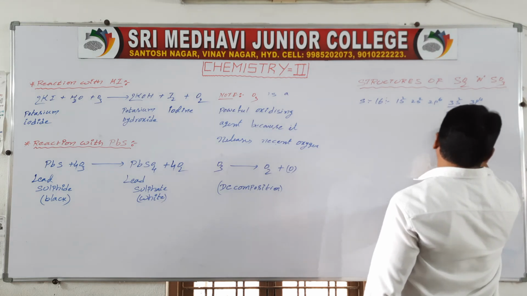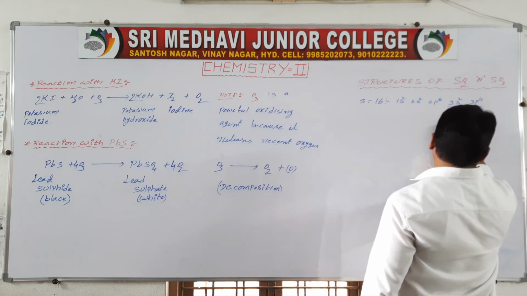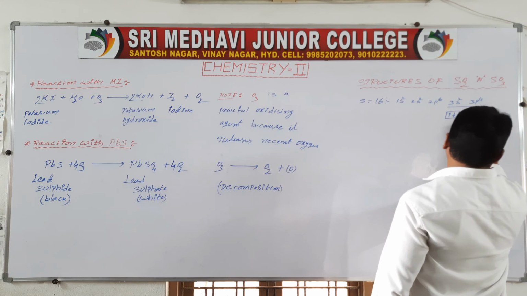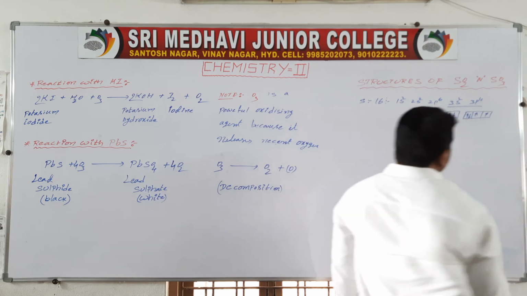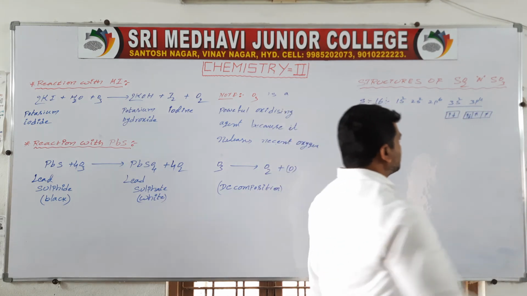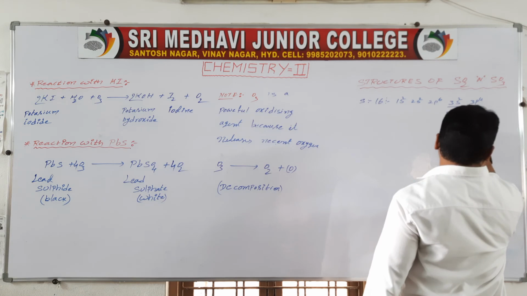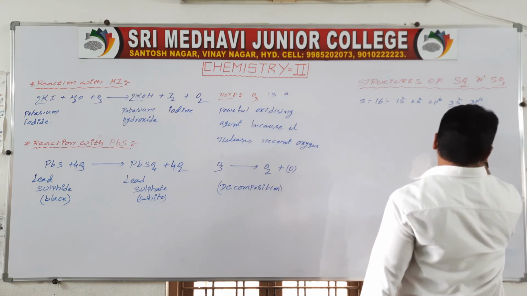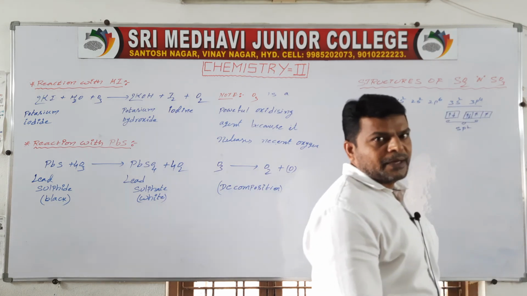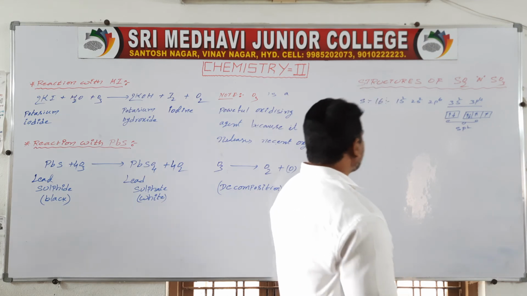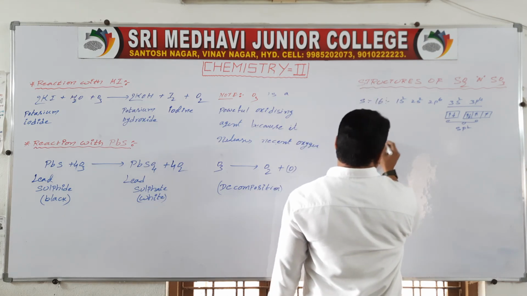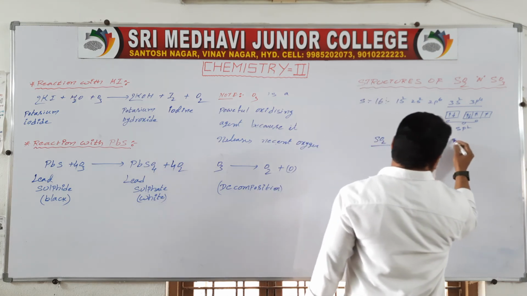It is the valence shell electronic configuration. 2 electrons, 1, 2, 3. See here, first 3 orbitals undergo hybridization. sp2 hybridization takes place. Okay, so here SO2, here SO3.